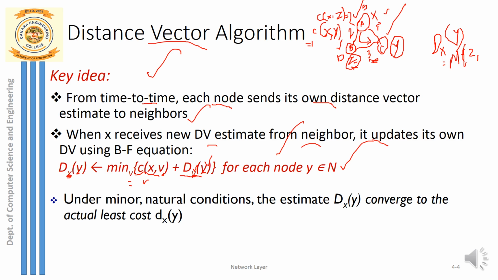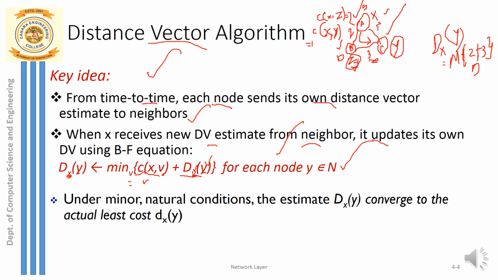The neighboring node Z has calculated that, and that information is shared with the node X. So you add that cost 2 with the distance vector from node Z to Y, and you get the answer as 5. So what is that 5 you have to compare with?